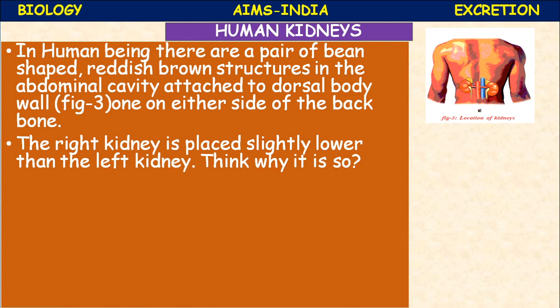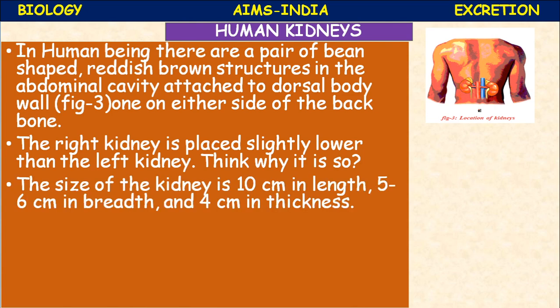The size of the kidney is 10 centimeter in length, 5 to 6 centimeter in breadth, and 4 centimeter in thickness. Okay, what is the size of the kidney? 10 centimeter length, 5 to 6 centimeter breadth, and 4 centimeter in thickness.